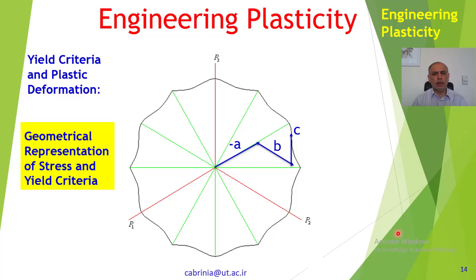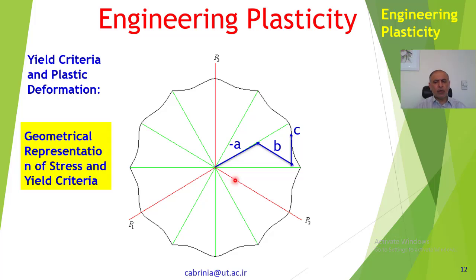In actual fact, they do, but we assumed that they don't. So if we want to incorporate these conditions, we should use the J2 criteria for the yield function, and here we are going to show you all three conditions are satisfied geometrically.